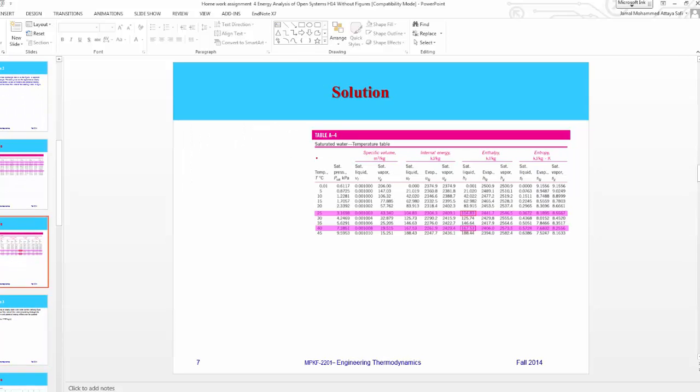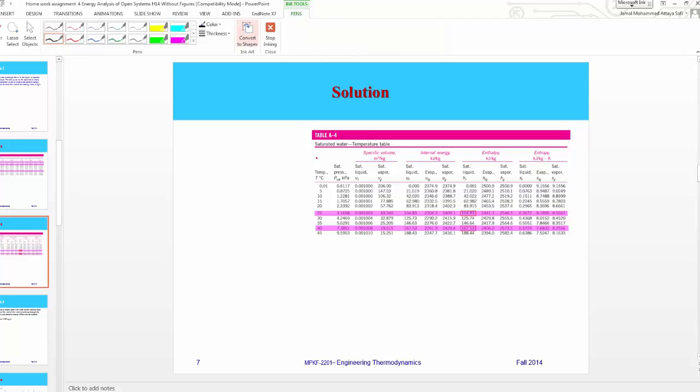So just to recall, the last thing we wrote is that the mass flow rate for the cooling water multiplied by dH for the cooling water is equal to the mass flow rate of the air multiplied by dH for the air.